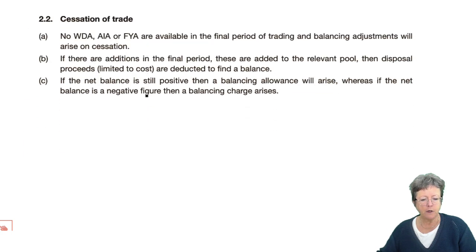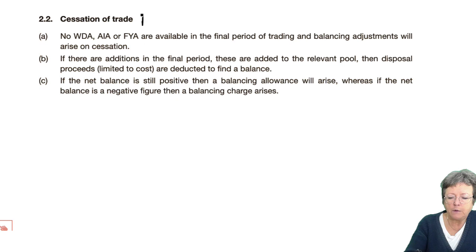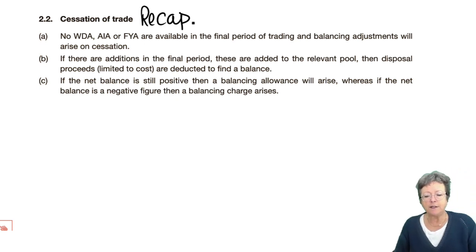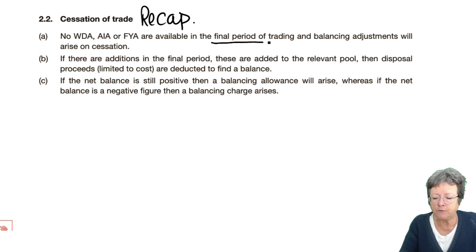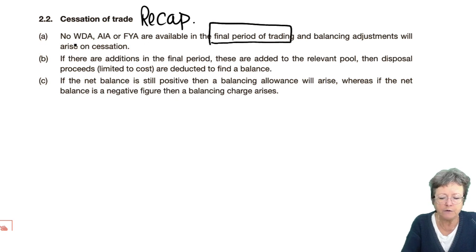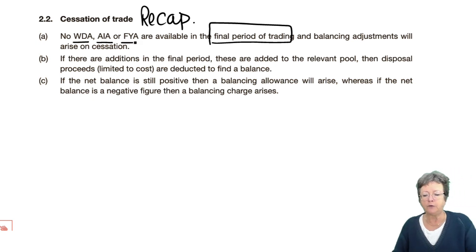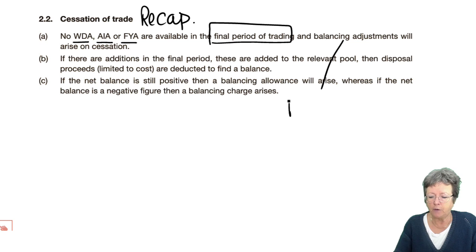Finally, another recap in this section. When it is the final period of trading, there is no written down allowance, no AIA, no first year allowance. We only have balancing adjustments. So those are balancing allowances if we haven't claimed sufficient.